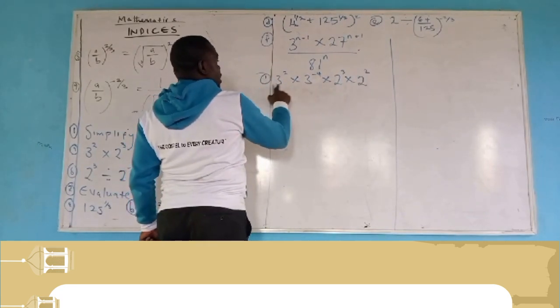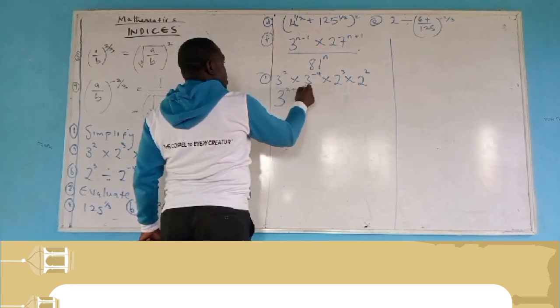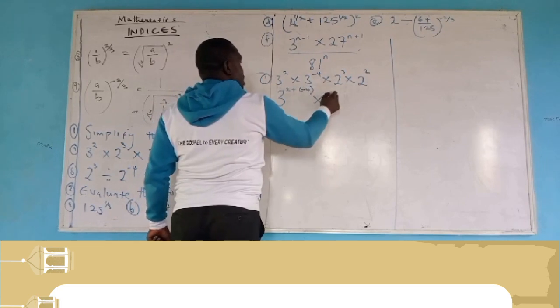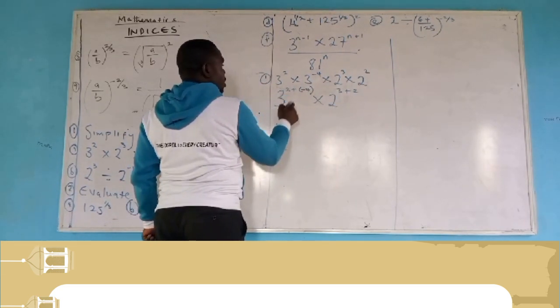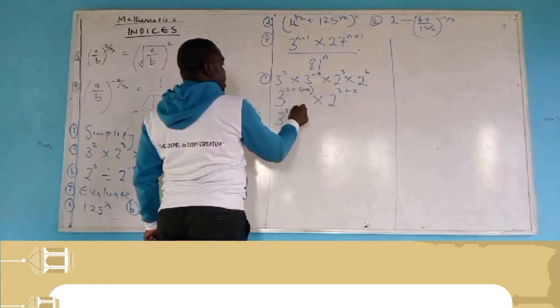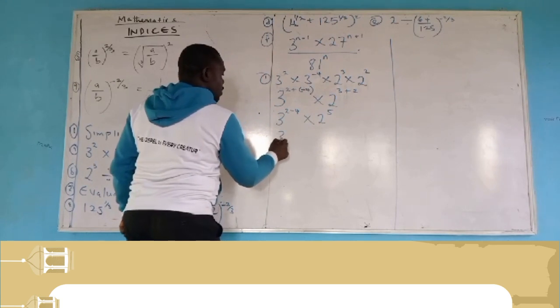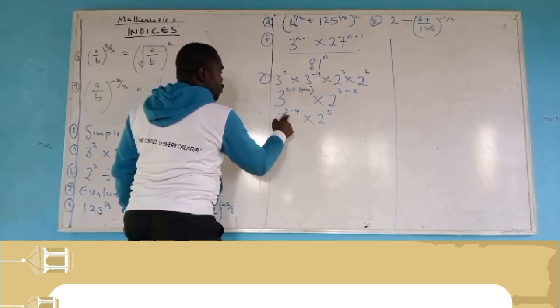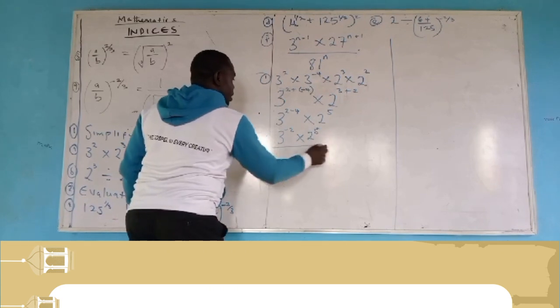So from the law of indices, multiplication, we are adding the power. So we have this, and then we are having this. So this will give us 2 minus 4, and this will give us 5. So therefore, we have minus 2 for here, and we have 2 raised to the power 5 here.